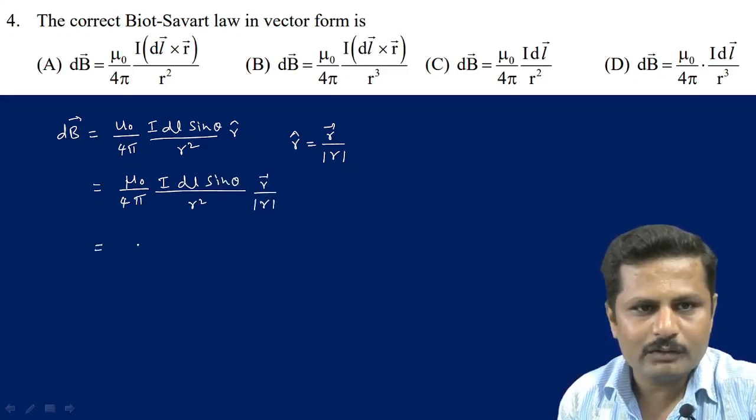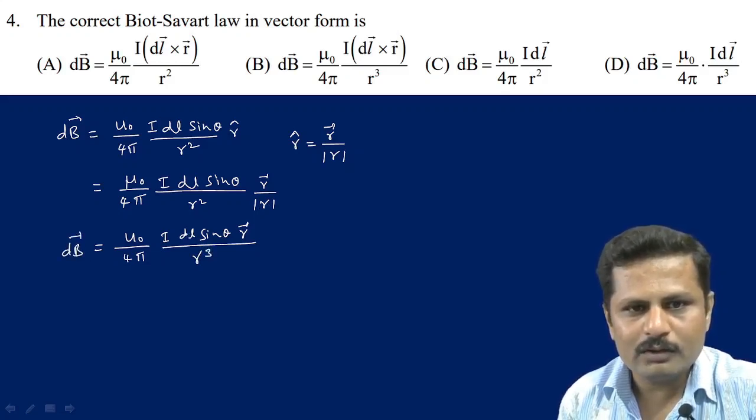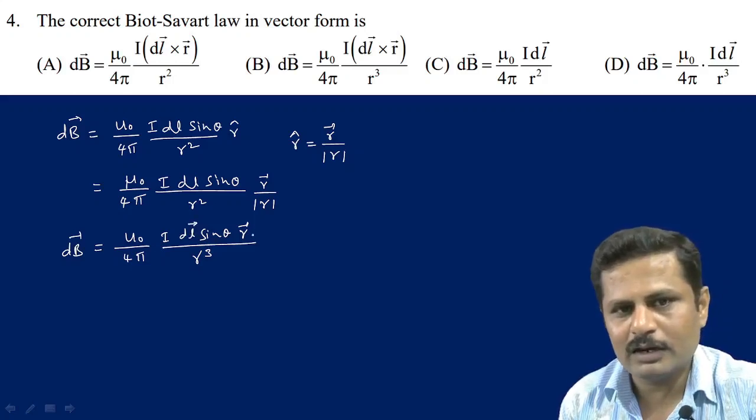So this becomes mu naught divided by 4 pi, I dl sin theta, r vector, divided by r square times magnitude r, so this becomes r cube. That is dB vector equals this much. Now here dl is the current element, also a vector, and r is a vector, with sin theta between them. We know that dl cross r equals dl r sin theta.